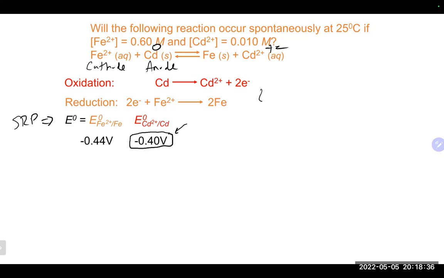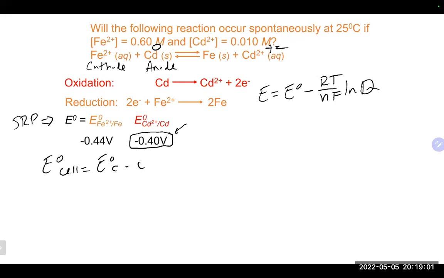So we will use our Nernst equation because we're definitely under some non-standard conditions here. That's E = E° − (RT/nF) ln Q. In this case, we can calculate everything on the right-hand side. We do want to calculate the E of our cell. So the E° of the cell here would be our cathode minus our anode.